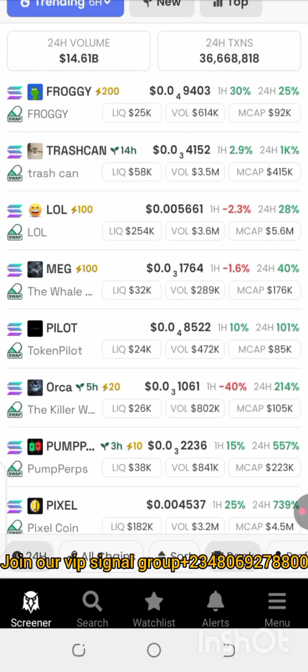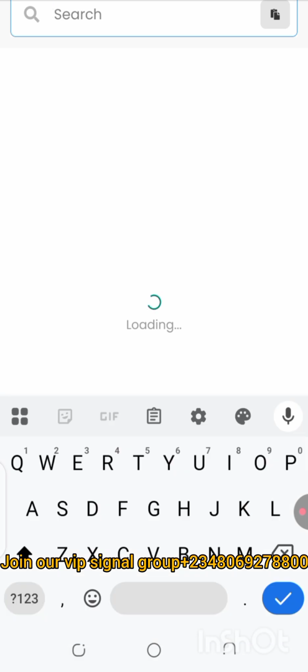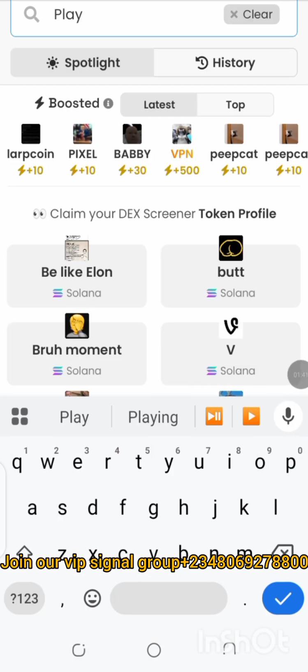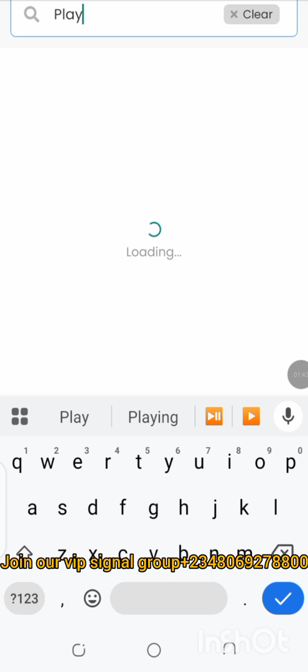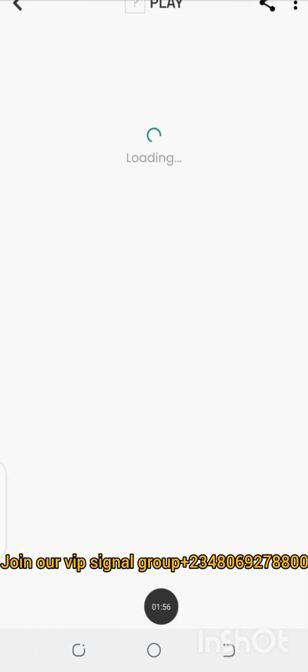Now let me show you an example of what I'm talking about. If you come over to this place and type a new token that was just listed, you will find this particular coin called Play, a newly listed coin. The Solana network of this coin is this one.